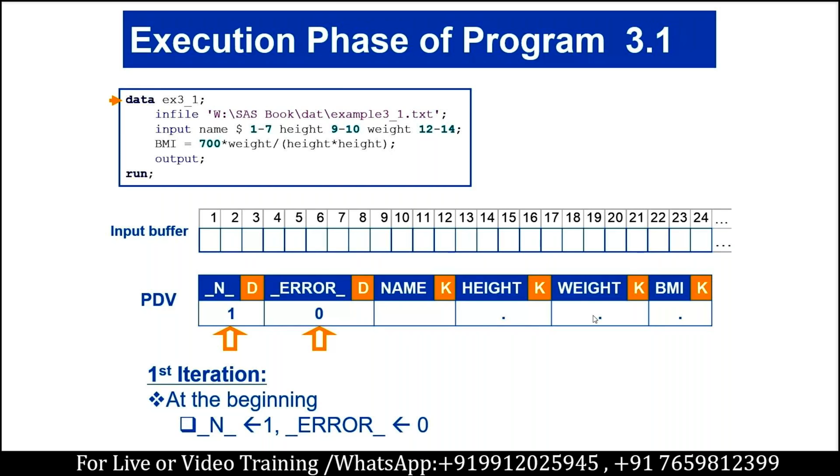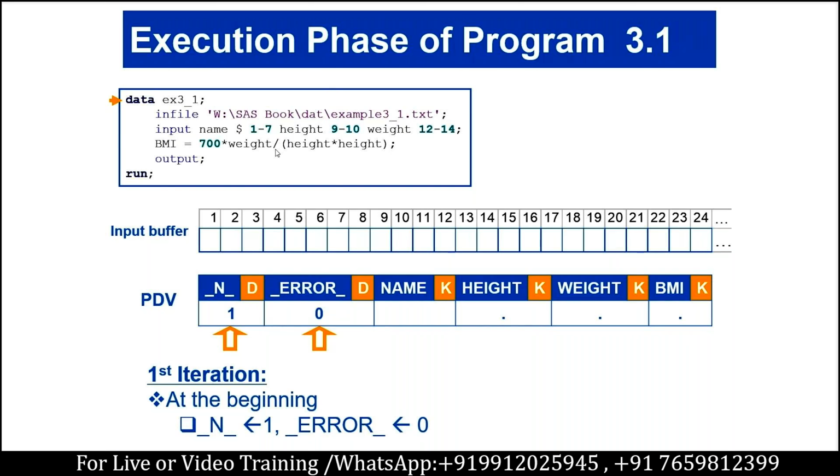In the execution phase, SAS first sets all variable values to missing. Numeric variables get a missing dot, and character variables get a blank space. After that, while reading, these missing values are overwritten with the main values.